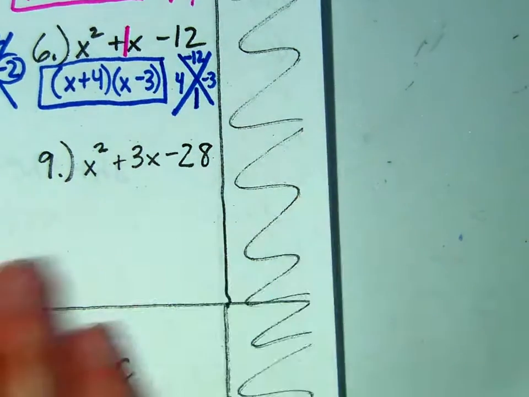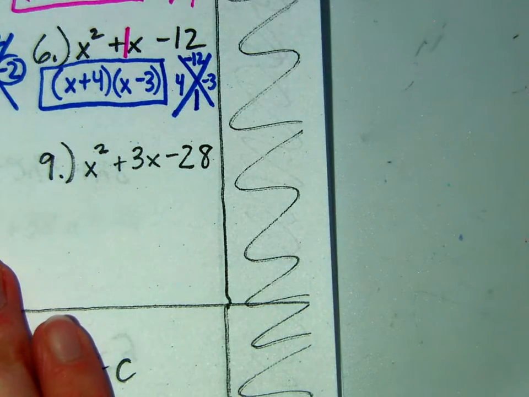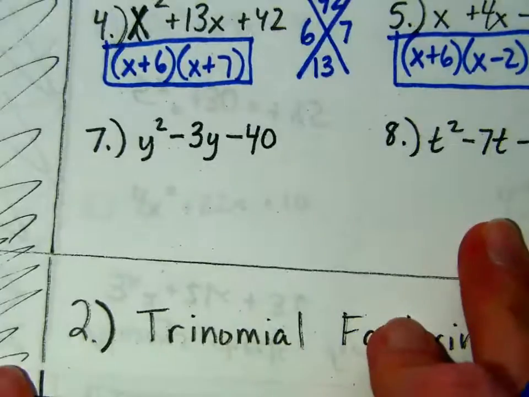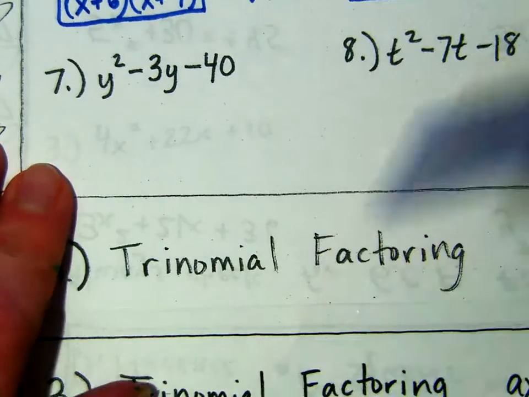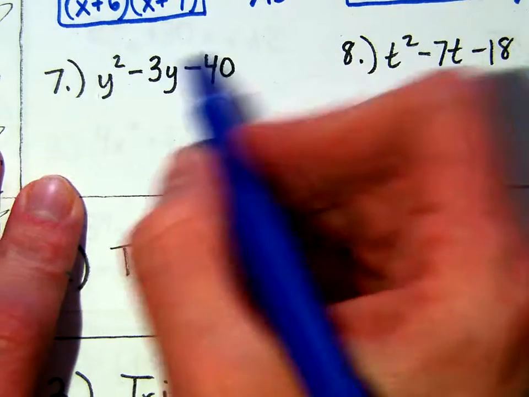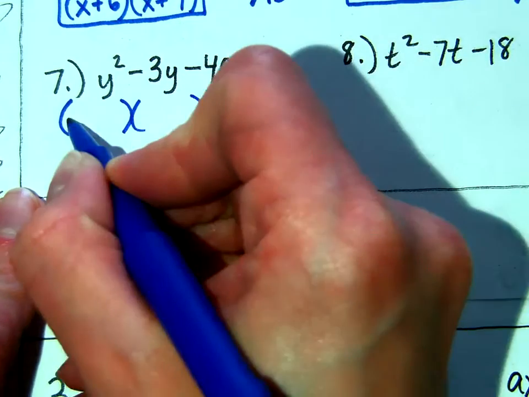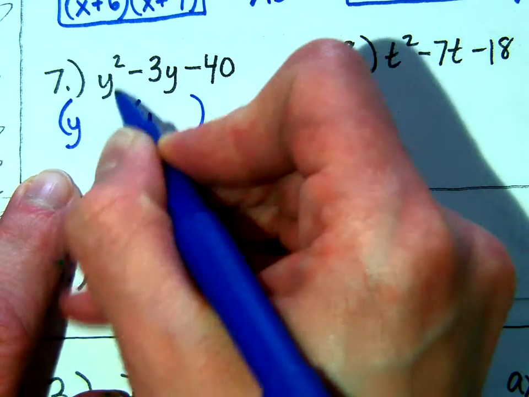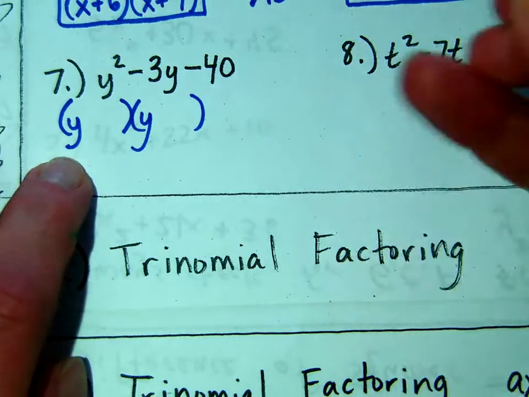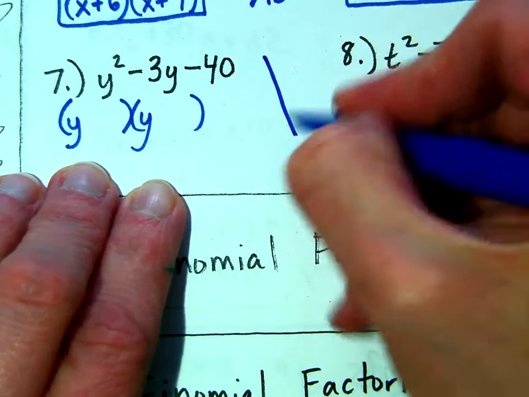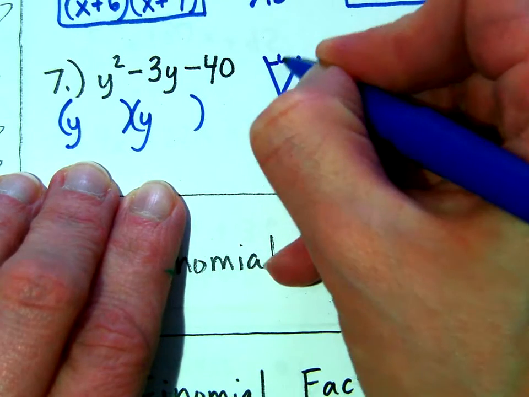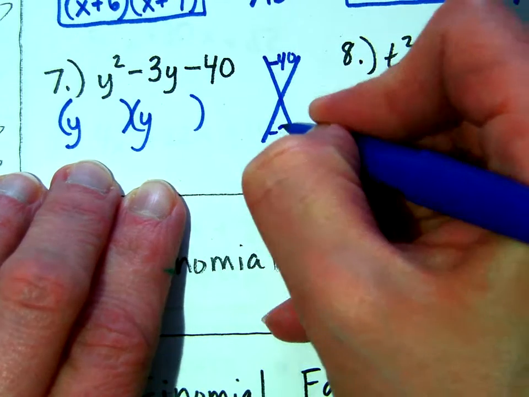All right, let's slide down to the other end and do number 7. So here is number 7. We have y's on this one. So some people like to go ahead and set up their parentheses and put the y's in front because that's how we get the y squared as the y times the y. And then you can look at your numbers. So we've got negative 40 and negative 3.